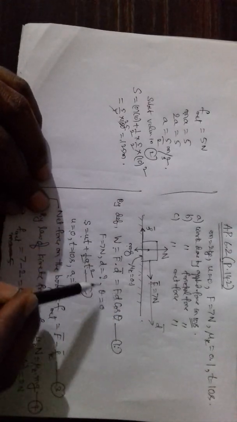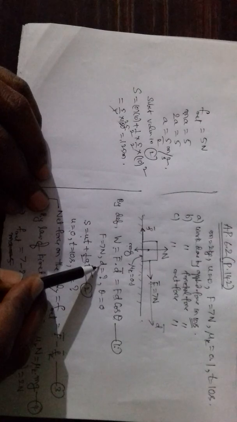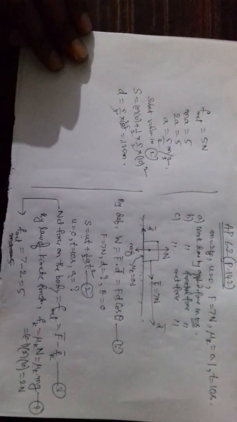So displacement. Now let us see the first equation. To find work done, theta and d values you have just calculated. Displacement 125 meters. So substituting values in the first equation, work done is equal to Fd cos theta.